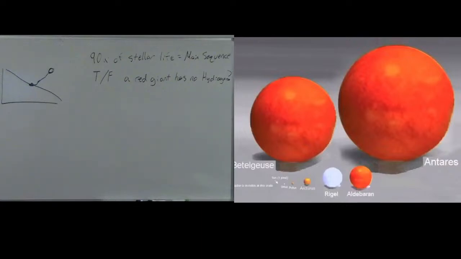But look at Betelgeuse and Antares. These are red giant stars. These are stars that have expanded after the main sequence lifetime to tremendous sizes. Betelgeuse and Antares are so large that if you were to place them in our solar system, where the sun is right now, their outer layers would extend beyond the rocky planets.